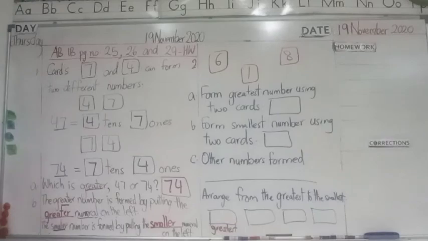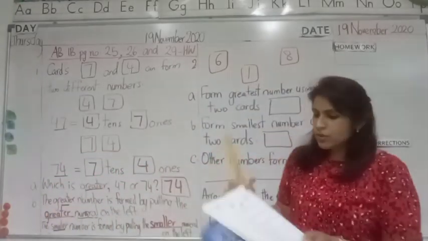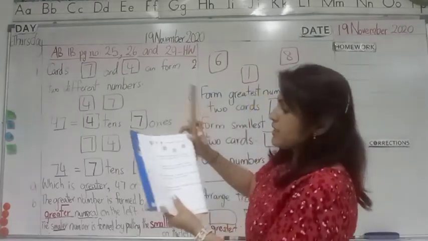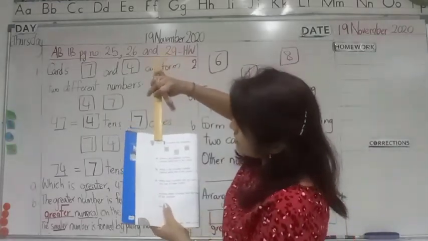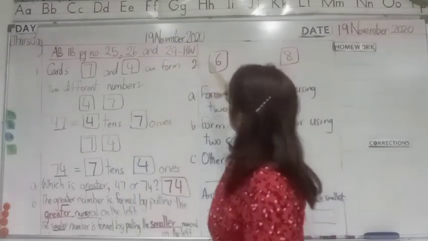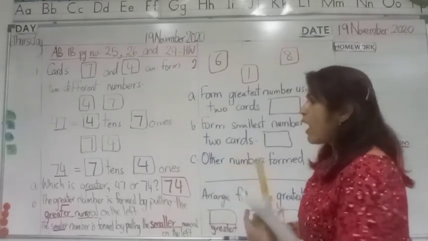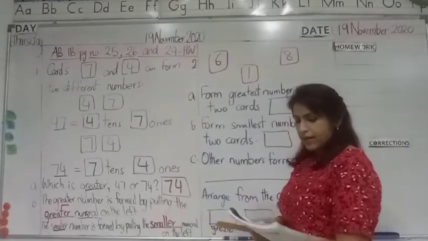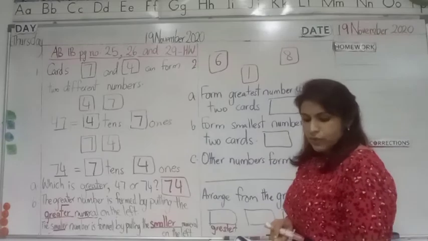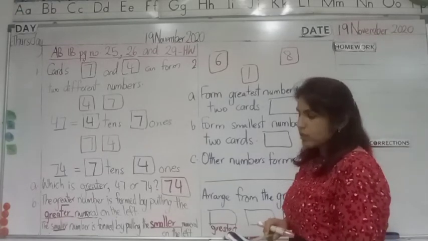Here you can see on page number 28, they say use the cards to answer the questions. There are cards 6, 1 and 8. Now you have to answer the questions. What is the greatest number formed using 2 of the cards?